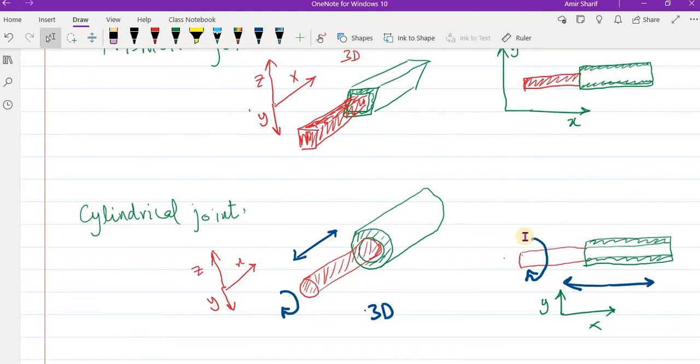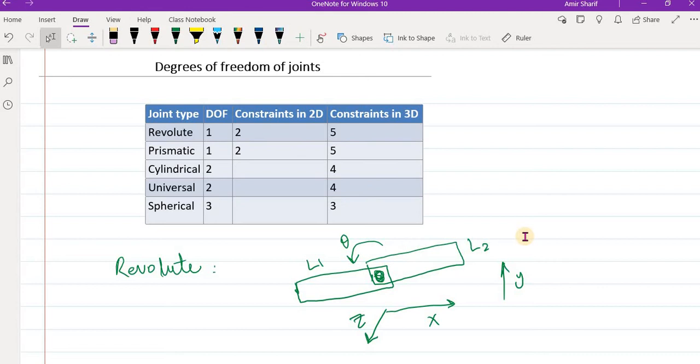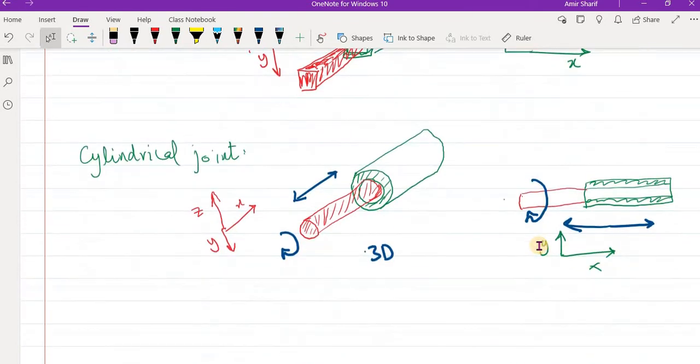So I have a doubt here, because what I remember is that in 2D these constraints don't exist for a cylindrical joint, and the reason is, yeah, now I remember, because in 2D there can be no rotation about the x-axis.